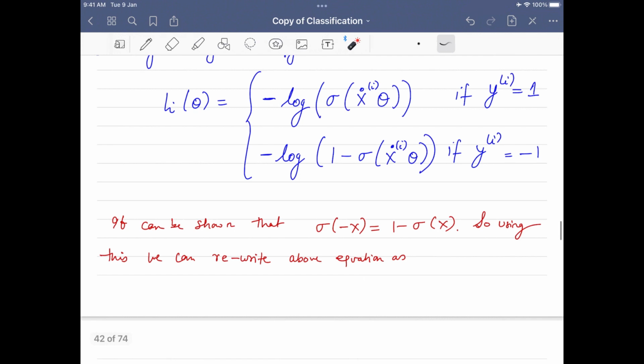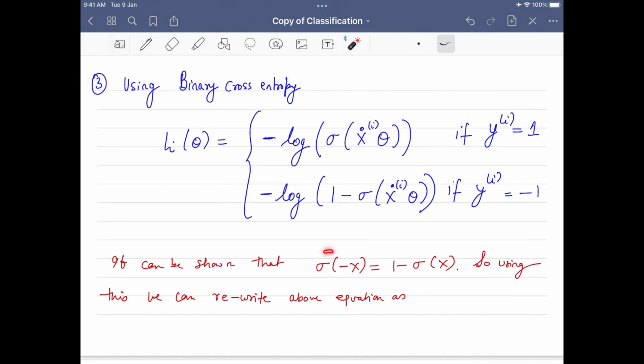Here it can also be shown that if you put -x as an argument into sigma, it is nothing but 1 minus sigma of x. So this is again another identity. You can prove it yourself; I will not prove it. If you put -x in the argument of the sigmoid, it is nothing but 1 minus the sigmoid of x.